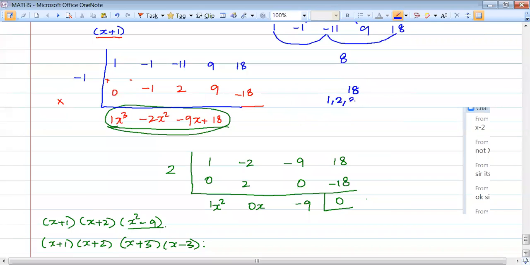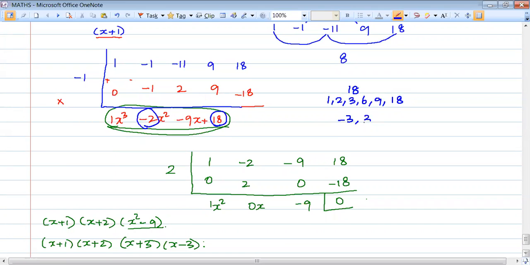1, 2, 3, 6, 9, 18. So now the multiplication of the three numbers is 18 and the addition of the three numbers is minus 2. So can I select minus 3, 3, minus 2? Okay, so minus 3 plus 3 minus 2, you will get minus 2. Minus 3 into 3 into minus 2 gives plus 18.